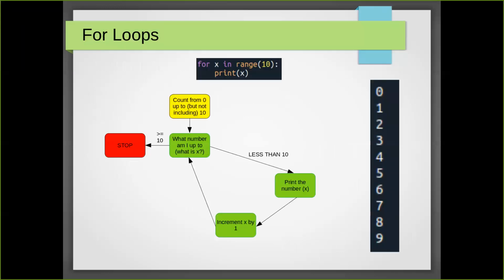So let's have a look at how we would do this in Python. So let's start with a for loop. Let's imagine we've got a for loop, and we want this for loop to count from 0 up to, but not including 10. If you're wondering why it's 0, Python, as with most programming languages, starts counting at 0. That's a very important thing that you need to get used to.